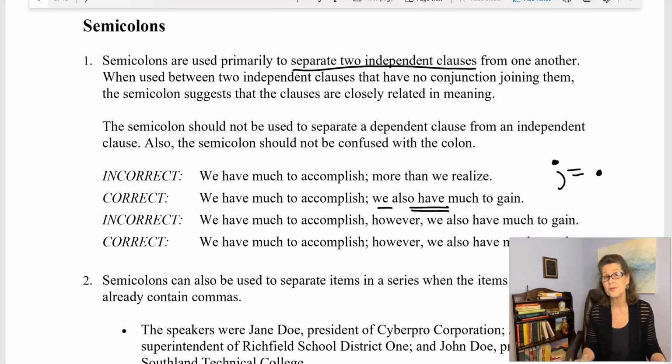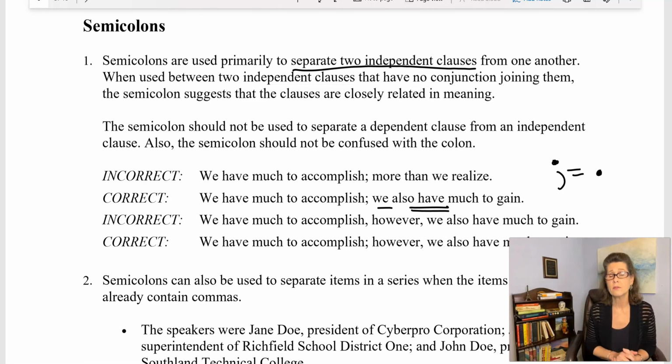Now that doesn't mean you want to use a semicolon all over the place. Maybe you're tired of using periods, so you start using semicolons instead. That's not the idea. The semicolon shows that these two sentences are more closely related than other sentences in the same document or paragraph or email or whatever it is you're writing at the time. So if you overuse them, then you lose that effect. Then the reader can't tell what's important, which ideas matter to each other more than other ideas matter to each other in the paragraph.